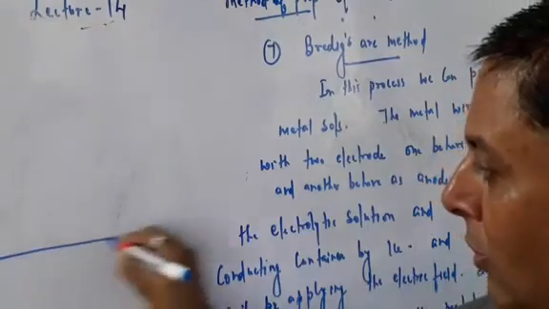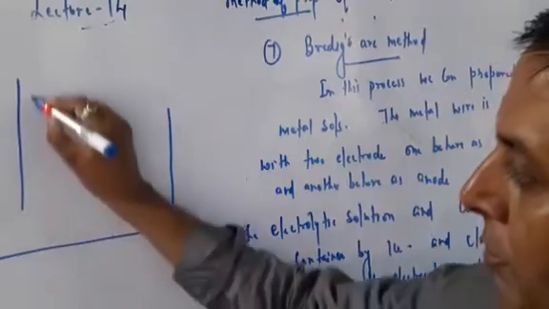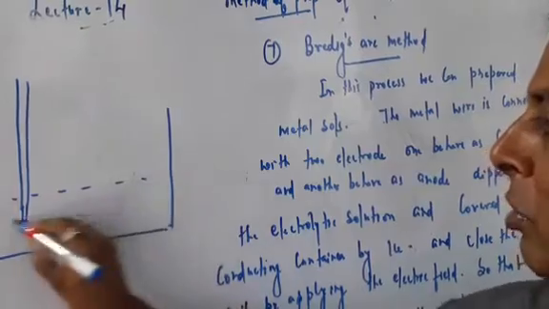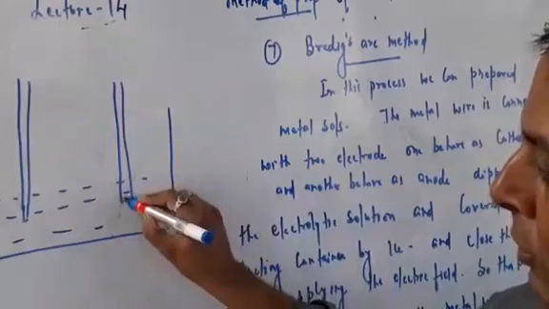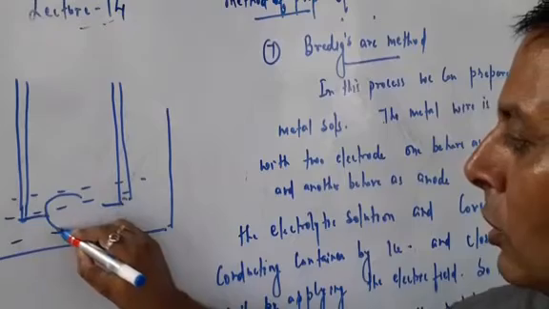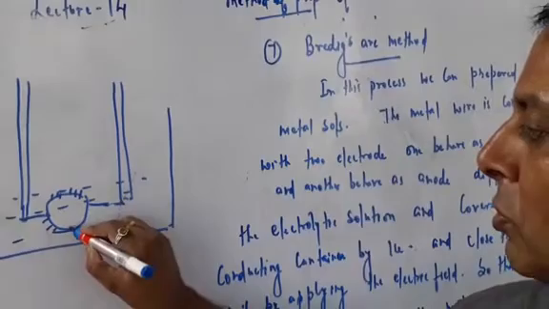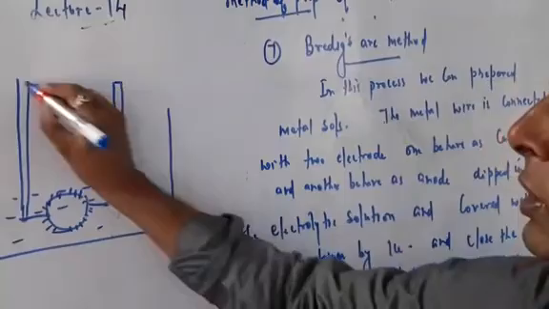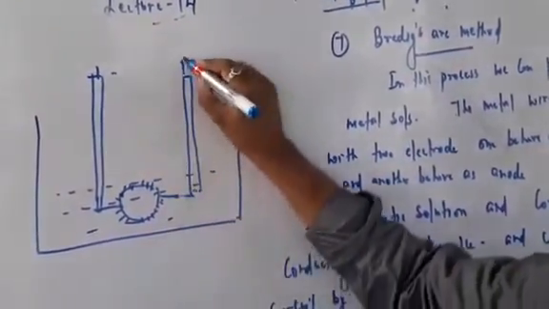This is the container and the two metal wires dipped into the electrolytic solution, and these two electrodes are connected by a wire, one as anode, other as cathode.